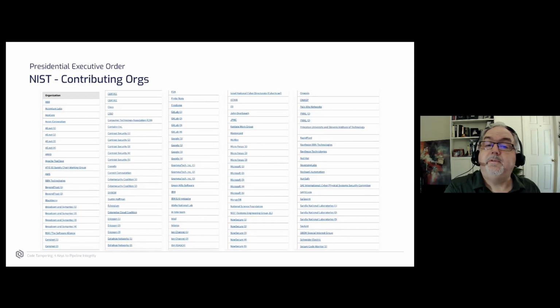The NIST research considered input from a wide variety of organizations, including government agencies, security vendors, academic institutions, consulting organizations, commercial enterprises, and more. The result is the NIST Secure Software Development Framework, or SSDF.